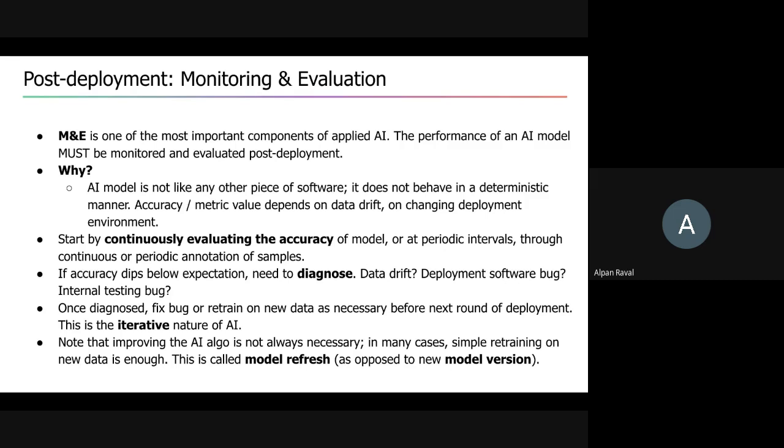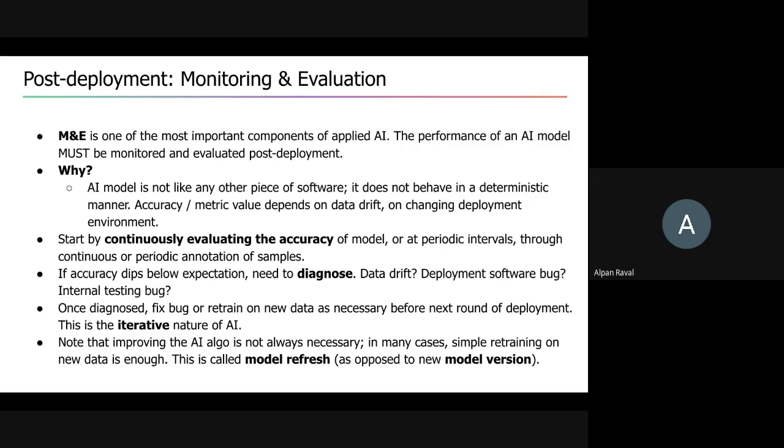Simply because an AI model is inherently brittle. It's very dependent on data. And the moment you have a data drift, its performance can dip. So you have to monitor it continuously, right? It's not like any other piece of software.